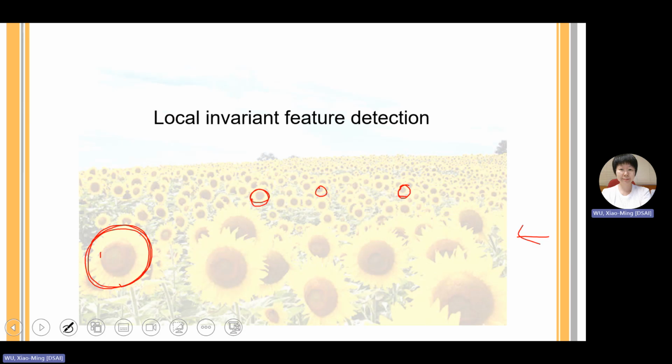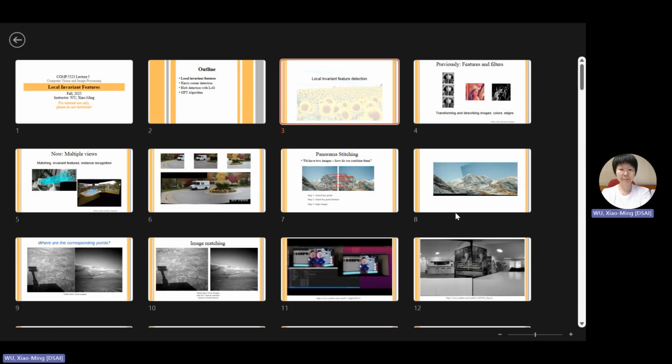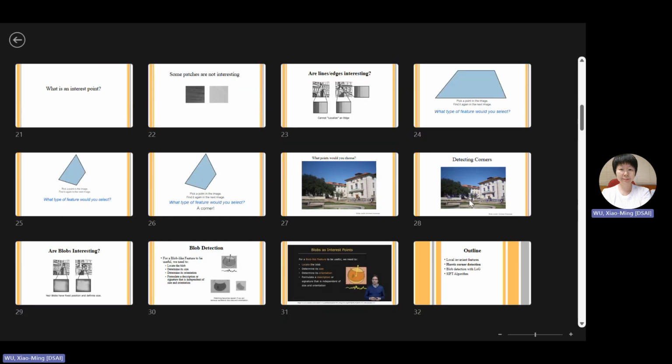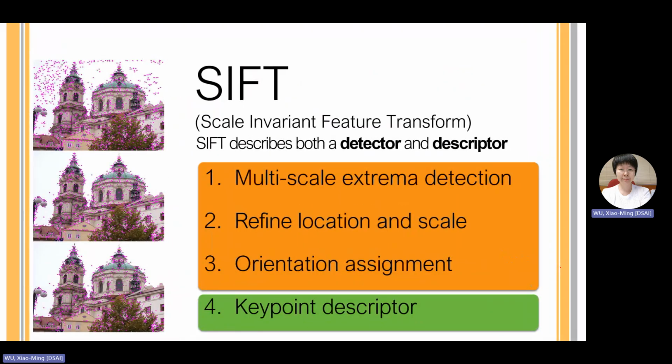We call this feature a blob, and we want to be able to identify these blob features regardless of their scale. So the feature should be scale invariant. And actually, the SIFT feature stands for scale invariant feature transform.